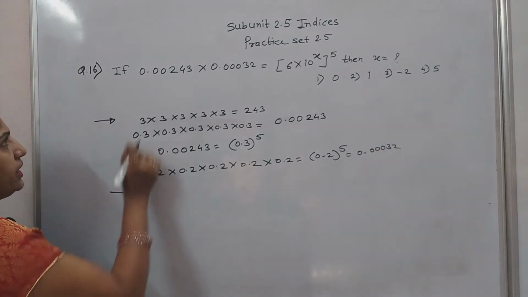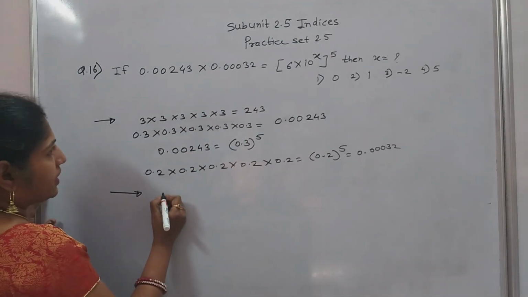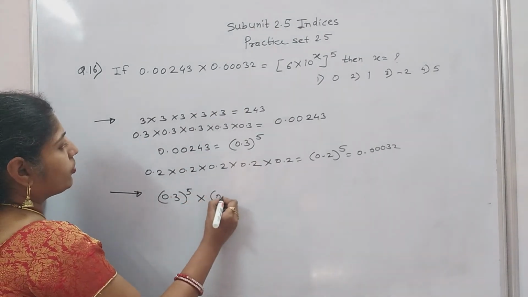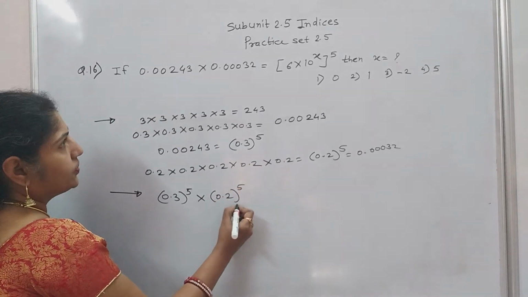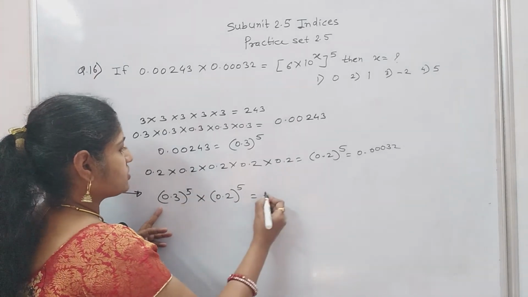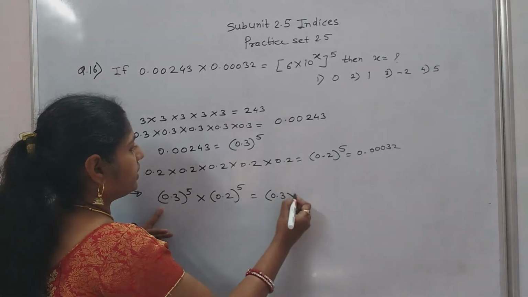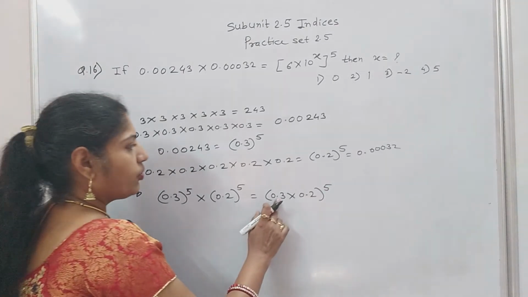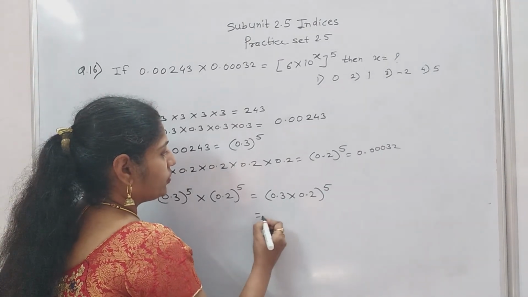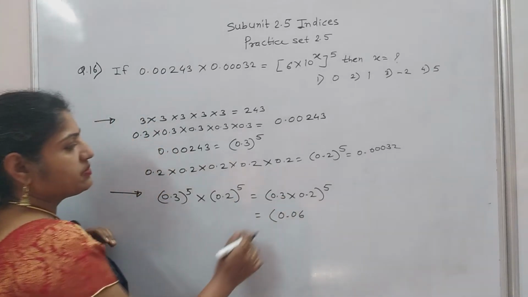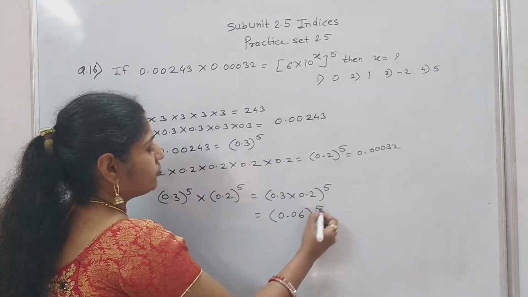So we can write this as 0.3 raised to 5 into 0.2 raised to 5, same index. So we can write 0.3 into 0.2 raised to 5. 0.3 into 0.2, that is 0.06, 2 decimal places, raised to 5.